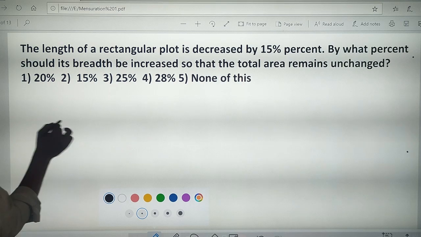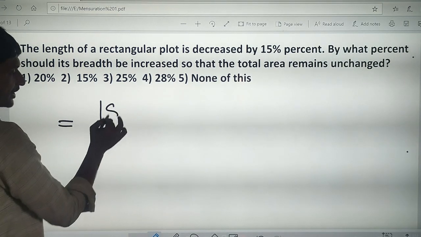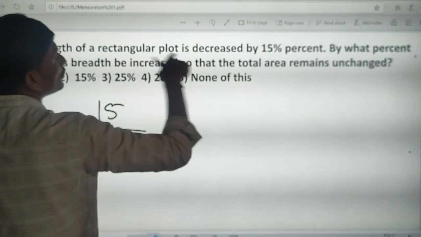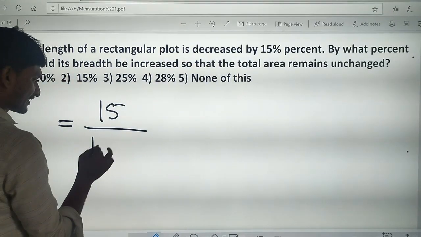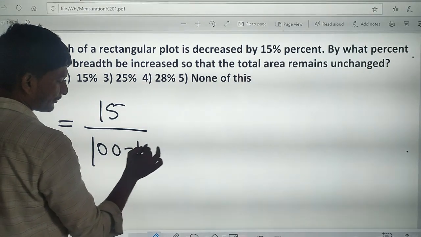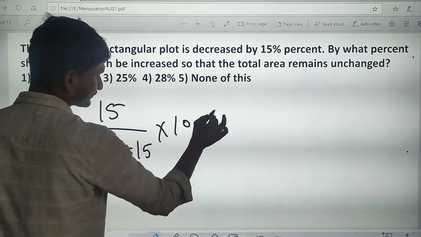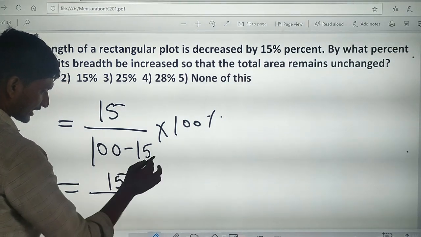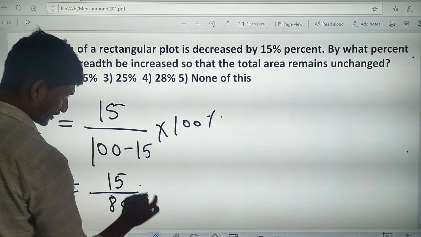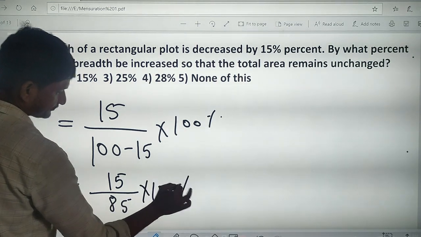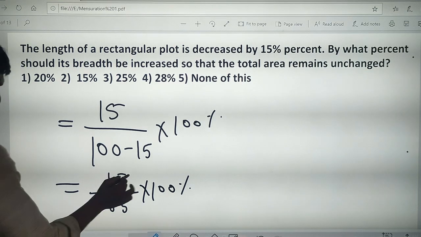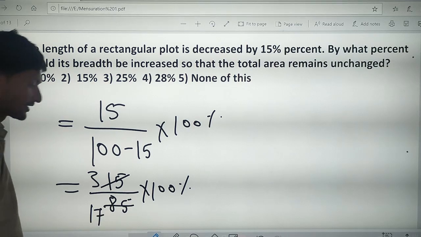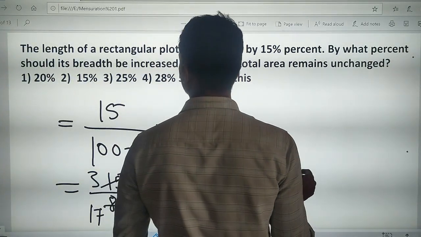Now here it is calculated by 15. The length of the plot is decreased by 15%. Then 100 minus 15, into 100%. Now here we write 15 divided by 100 minus 15, which is 85, into 100%. Now solve this: 300 divided by 17%.